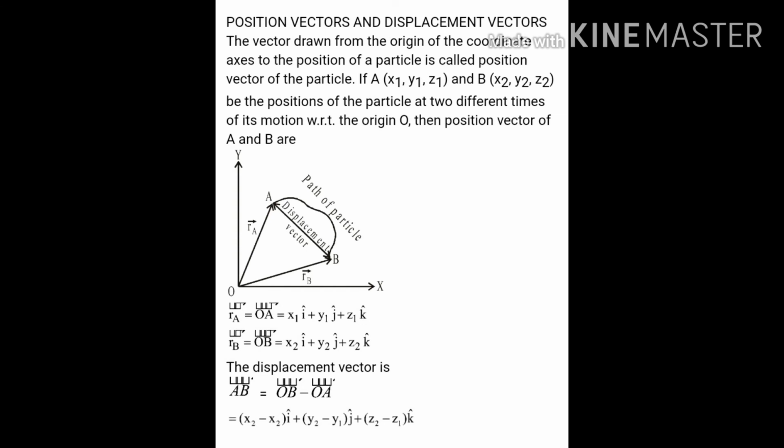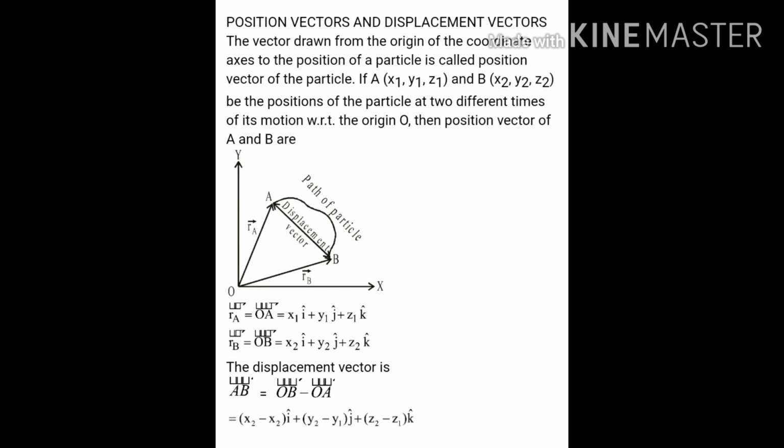The vector drawn from the origin of the coordinate axis to the position of a particle is called the position vector of the particle. If A is (x1, y1, z1) and B is (x2, y2, z2) be the positions of the particle at two different times of its motion with respect to the origin O, then the position vectors of A and B are given.